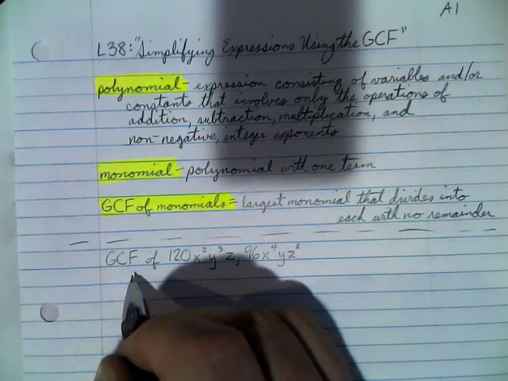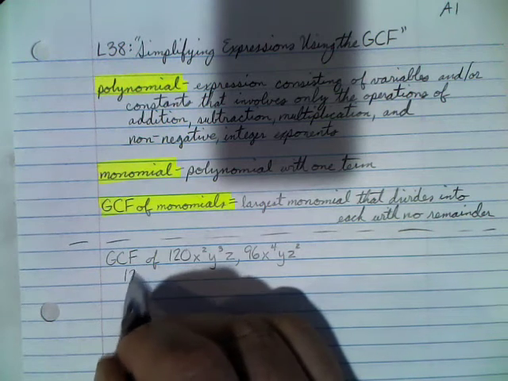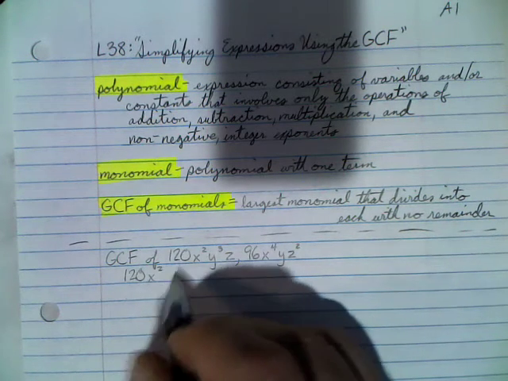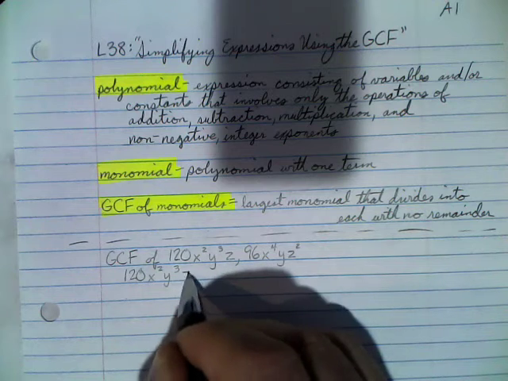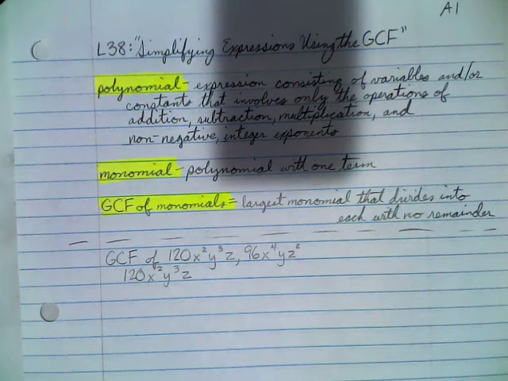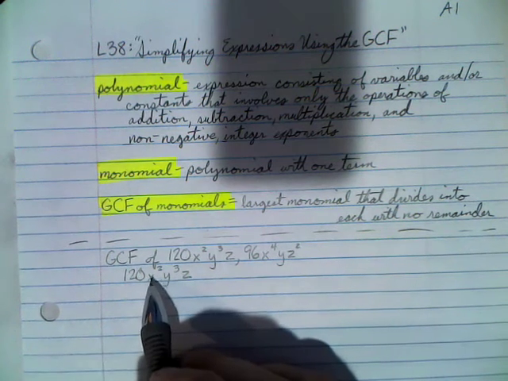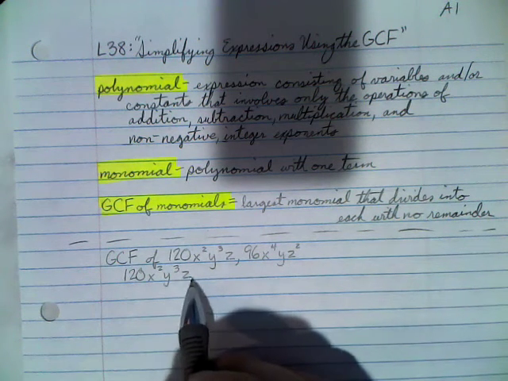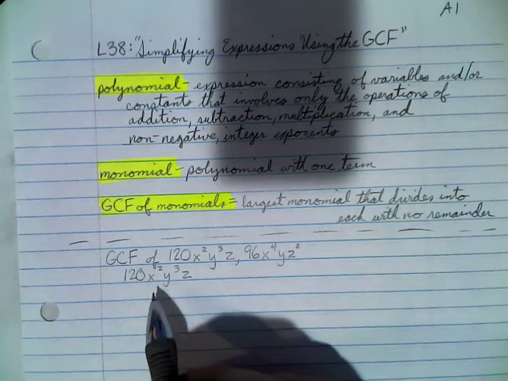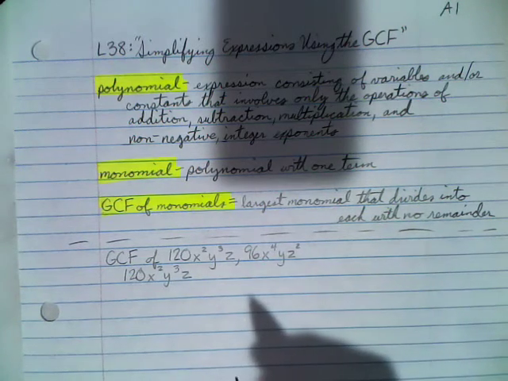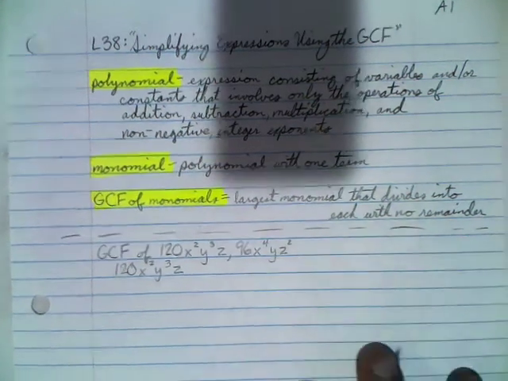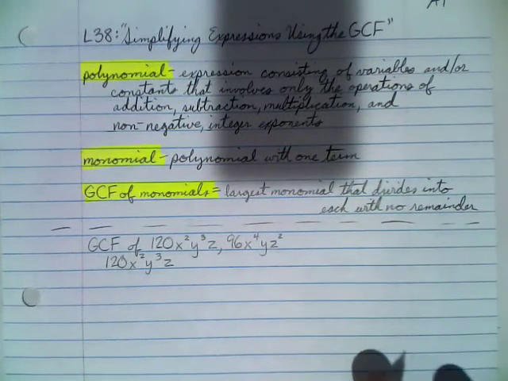So if I take my 120 x squared y cubed z, since we don't know what x is, what y is, what z is, we treat variables as if they're primes. So the only thing really that I need to break apart here is the 120.